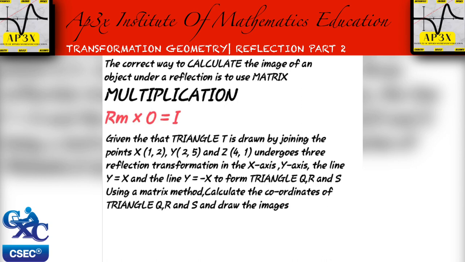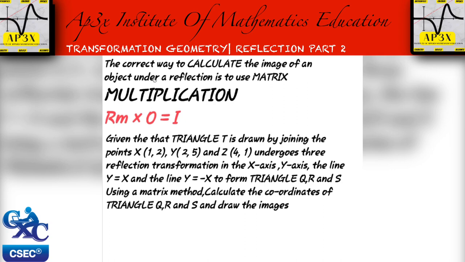Now we're going to do the calculation aspect, using the matrix to multiply with the object point or points to attain the image. There are many ways to go about this, but for the purpose of examination, you definitely want to know how to connect the topic of matrices with the topic of reflection.